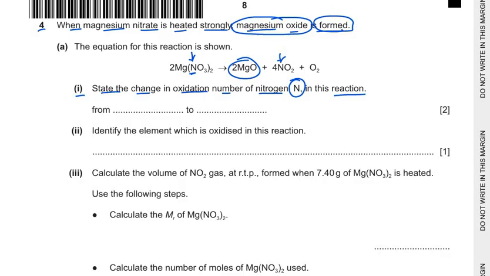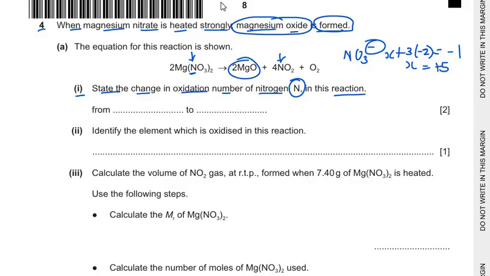For NO3 minus, putting X for the oxidation state of nitrogen and then calculating the oxidation number of oxygen, that is 3 into minus 2, will give us an overall charge of minus 1.